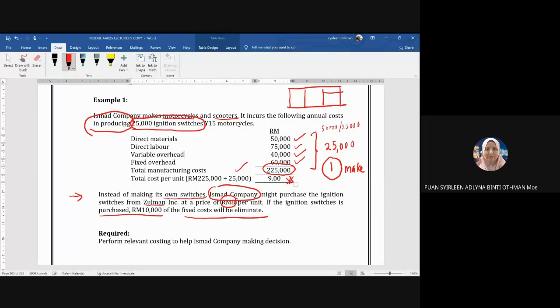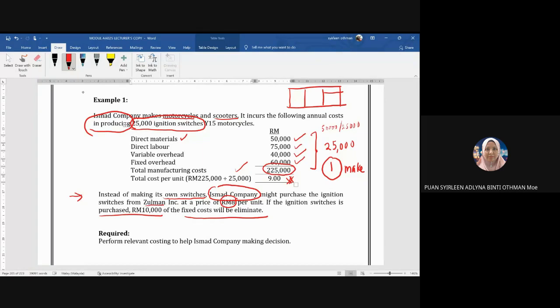So madam dah cakap tadi, awak kena decide yang mana relevant cost, yang mana irrelevant cost. Okay, kalau tengok dekat sini, direct material ialah relevant lah. Sebab direct material ni, kalau you buat, you kena tanggung. Kalau you tak buat, you beli, you tak perlu tanggung RM50,000. So, RM50,000 is your relevant cost.